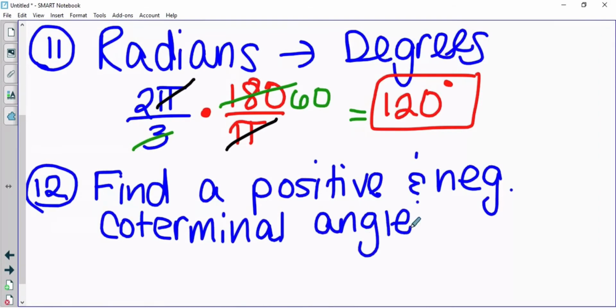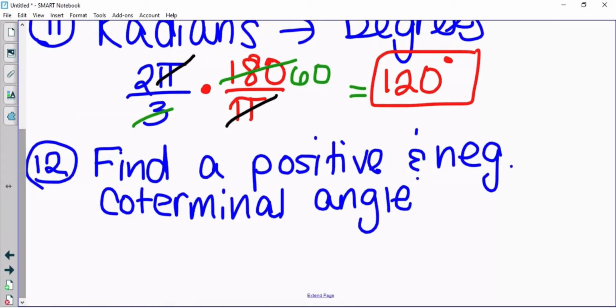So I'm going to give you an angle and I want you to find a coterminal. Remember, coterminal means that it starts and stops in the same spot. So the angle I'm going to give you, let's do just 5 degrees. And I want us to find a coterminal, a positive one and a negative one.